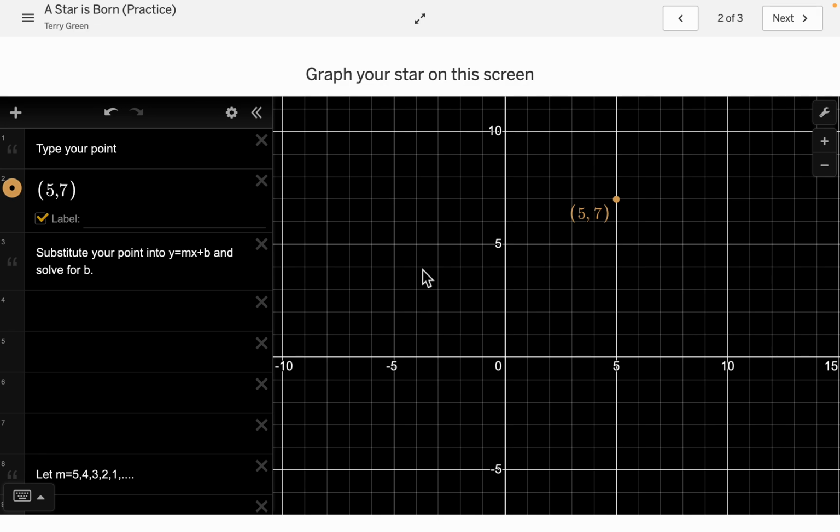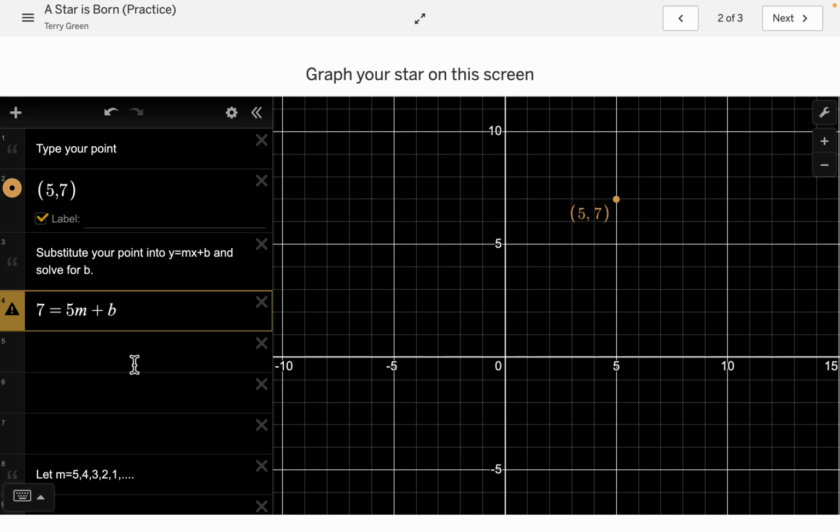Okay, the first step is to take this point and substitute it into y equals mx plus b, and then solve it for b. So I'm going to take 5, 7, and since my x is 5 and my y is 7, then I'm going to have 7 equals 5m plus b.